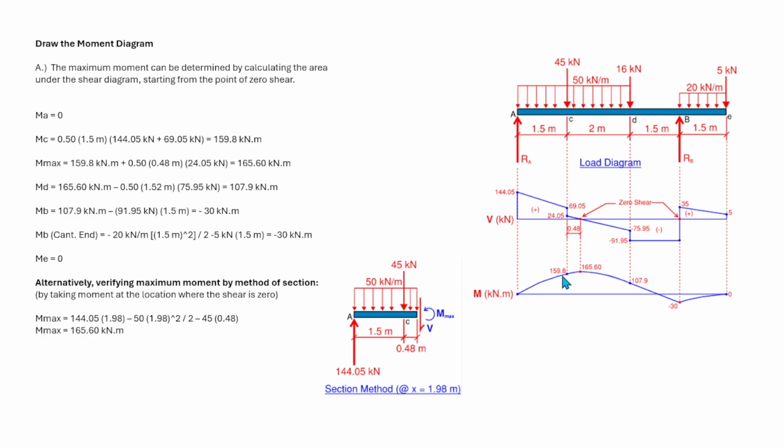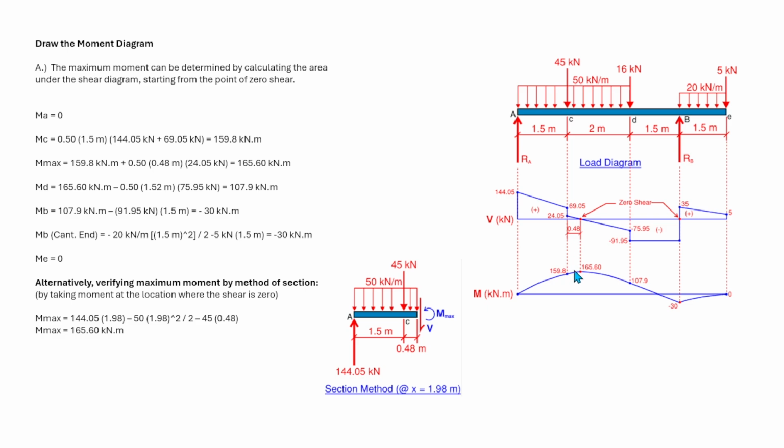So this is second degree, which is parabolic. If you express this in an equation, it involves x squared, which is a quadratic equation. So parabolic from this point to this point here, which means if it is a positive shear, in the moment diagram it is a positive slope, meaning the slope here is going up.